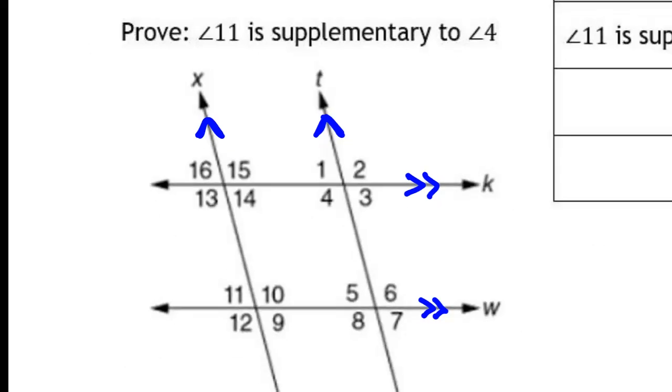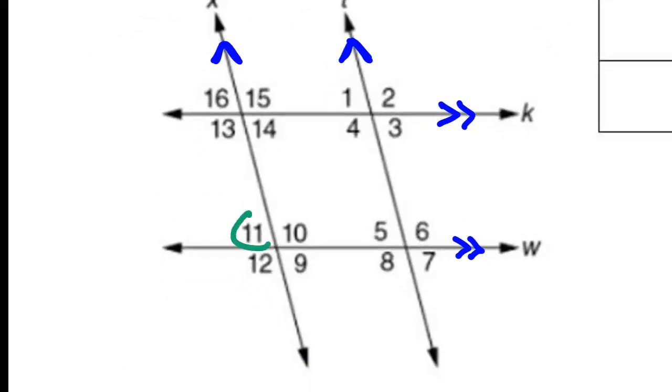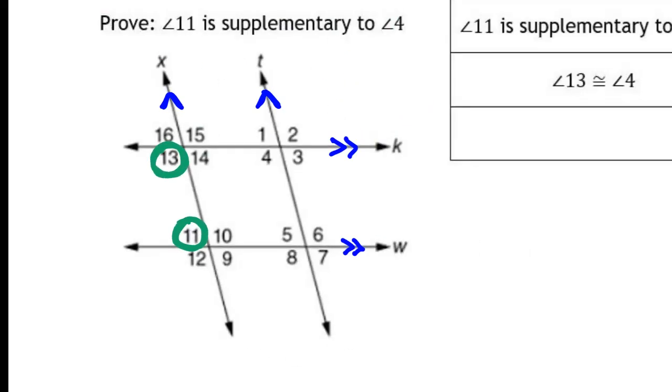All right, so I know these lines are parallel. It tells me angle 11, this one right here, is supplementary to angle 13, this one right up here. What's the transversal that connects 11 and 13? X. Are these on the same side or opposite sides of X? Same side. Interior or exterior to the other two lines? Interior. So what do we call this?